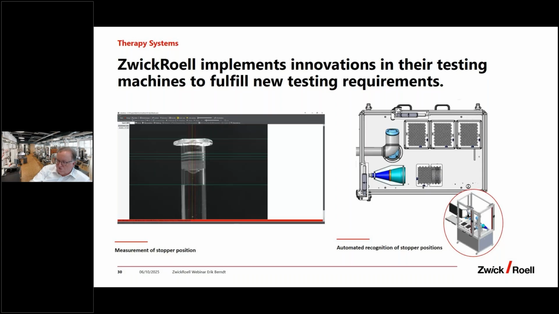The position of the plunger is quite important. We did this already in the past. Also, these are our video extend systems, the same we are using also in the autoinjector. And now we have the first automated systems where we can do this on a larger scale, doing this automated testing. These are also offerings we are doing.